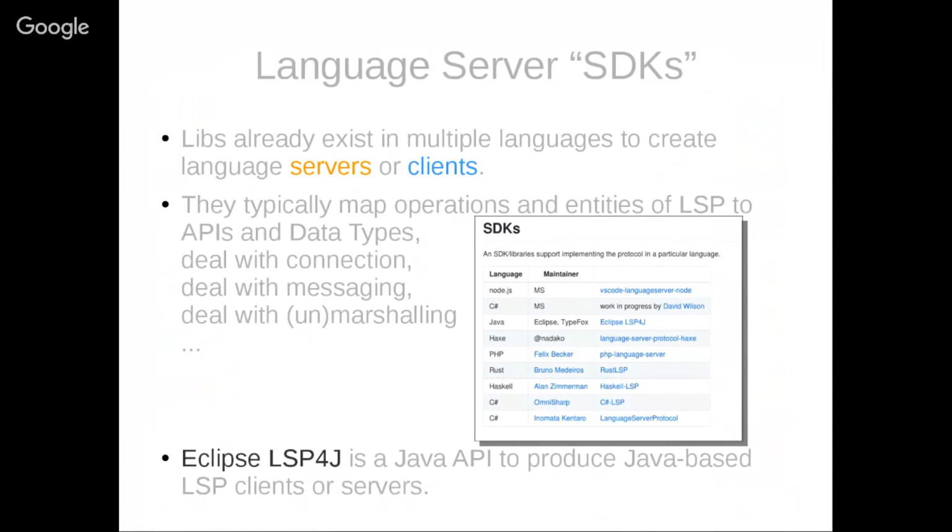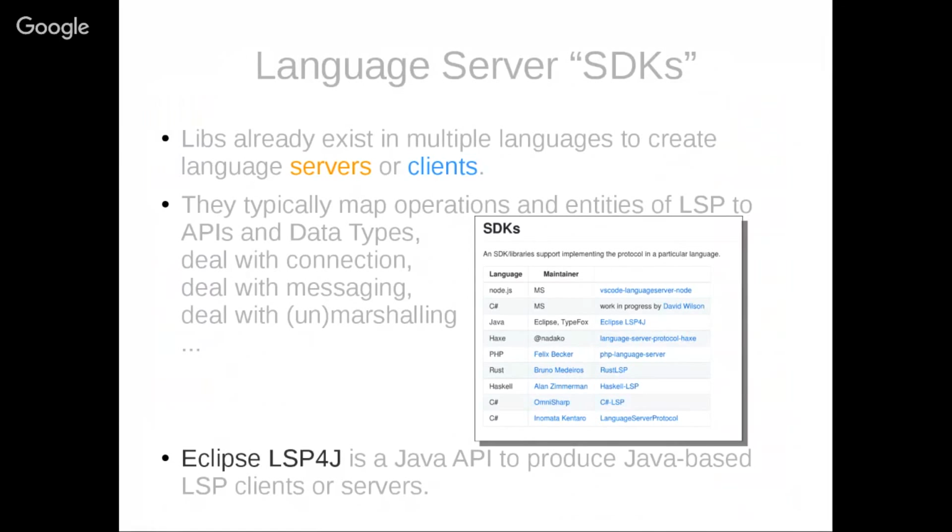And the SDKs deal with the connection part, and deal with the messaging part. Messaging means matching the response for a given request. They deal with the marshalling and the unmarshalling between JSON RPC and your language. And in the Java world and in the Eclipse world, the SDK is Eclipse LSP4J, which has a very strong and good coverage of all protocol features, and which is very nice to use.